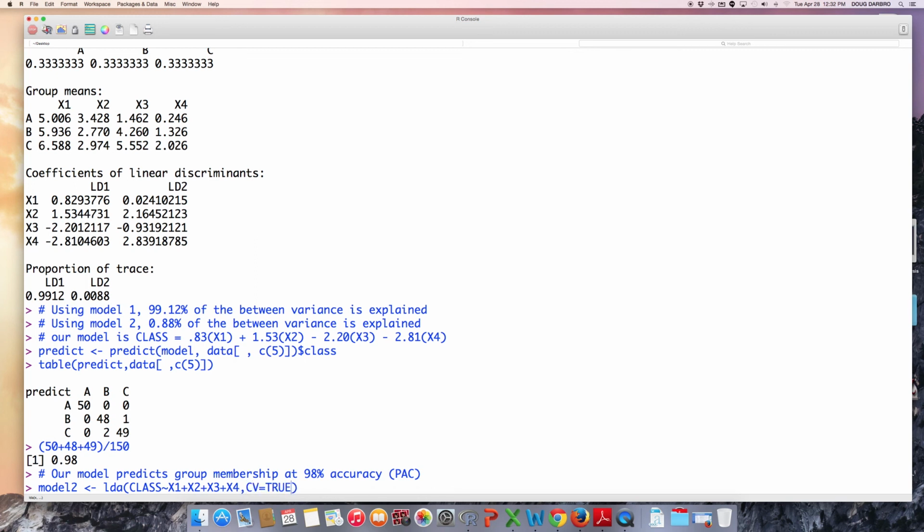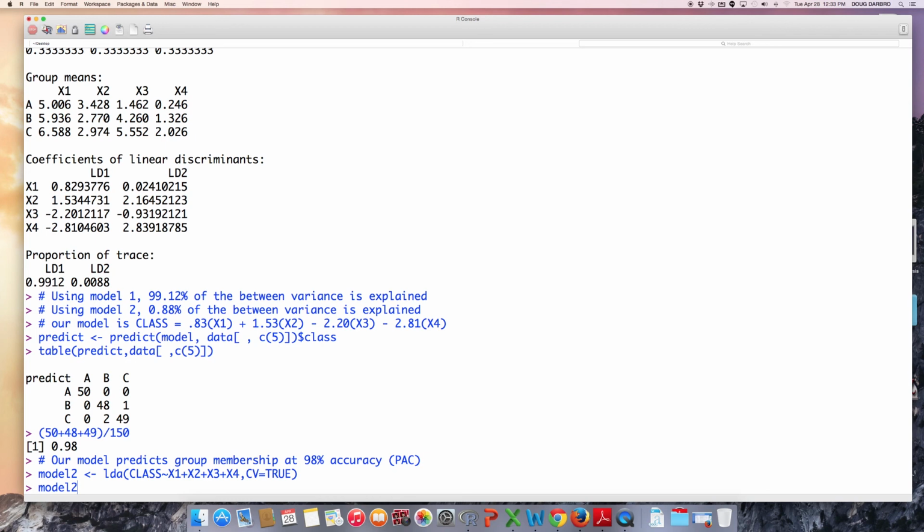So we're using, as we talked about a while ago, cross validation, where we leave one out and leave out a case, and then make our classification based on that.